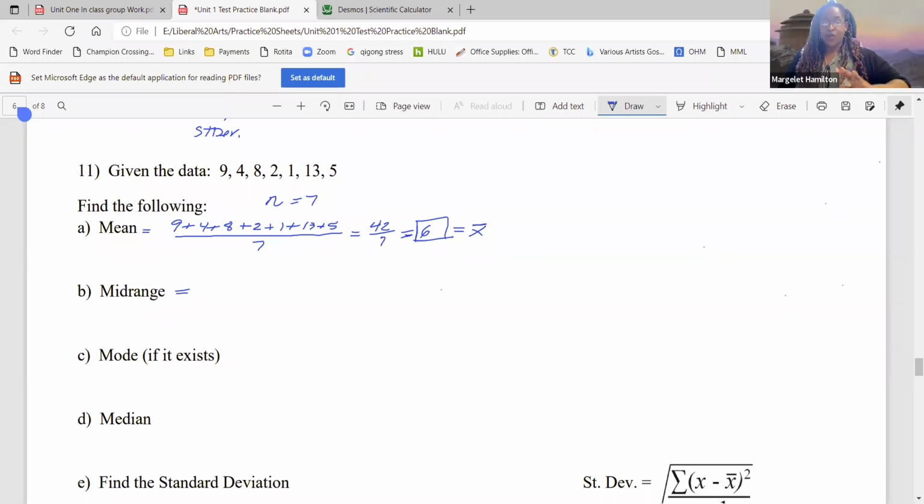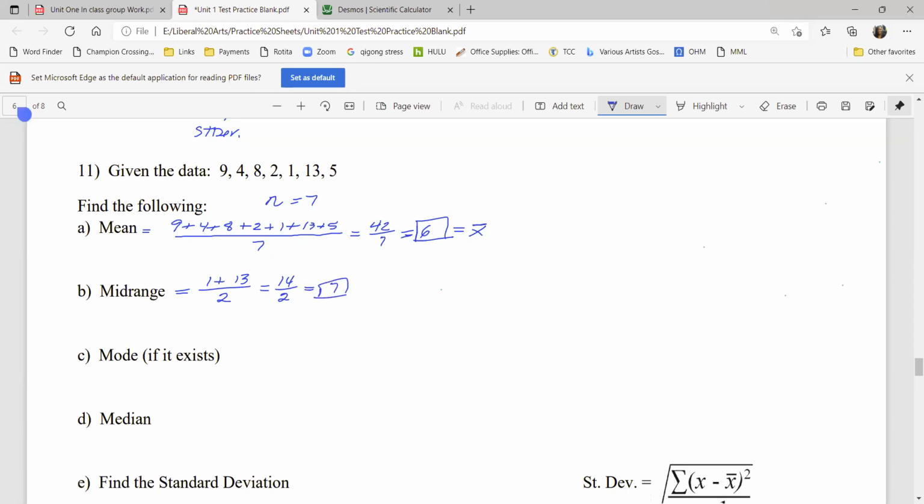Okay, all right. So that's right. We got to get the smallest, largest, divide by 2. And we're going to add them together. So our smallest number, 1, plus 13, and divide by 2. So we get 14 divided by 2 gives us 7. Is everybody all right with that?